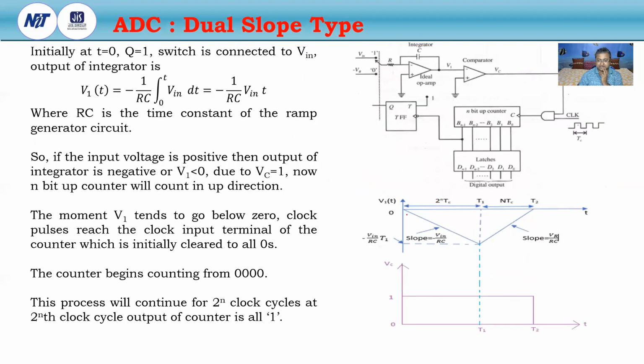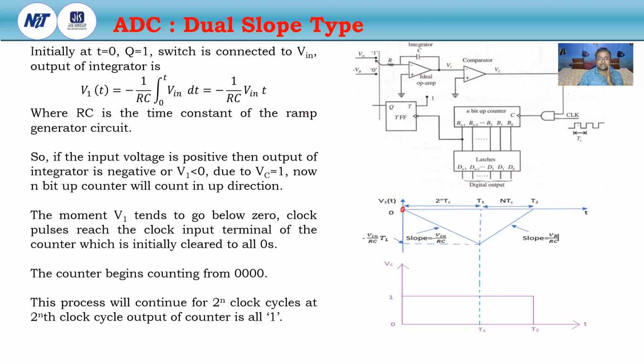Initial condition at t equal to 0: Q is equal to 1 at the initial stage, so the switch is connected to Vin. The output of the integrator is V1(t) equal to minus 1 by RC integral from 0 to t of Vin dt. That is equal to minus 1 by RC Vin t, where R and C are the time constants of the ramp generator circuit, like an integrator.